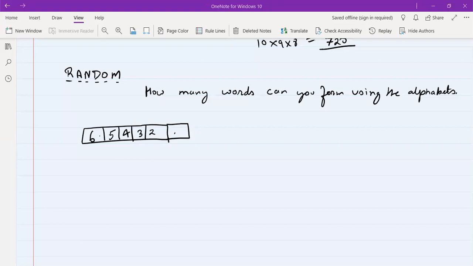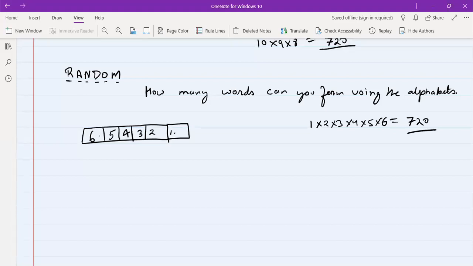Then last, 1. Now you have to use all the letters, this, this, this, and this. So everything is an AND. So what would it be? It would be 1 into 2 into 3 into 4 into 5 into 6. Right, everyone? Yes, very good. So this is equal to how much? 720 only. Got it, everyone?